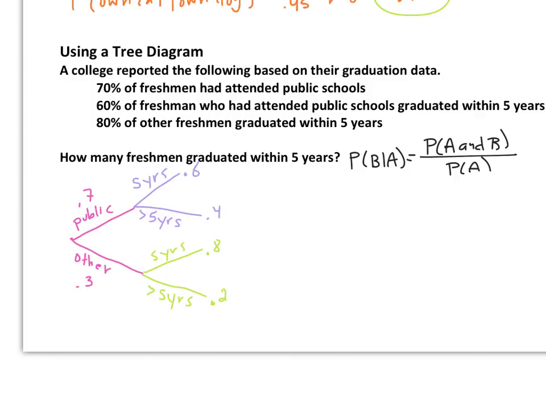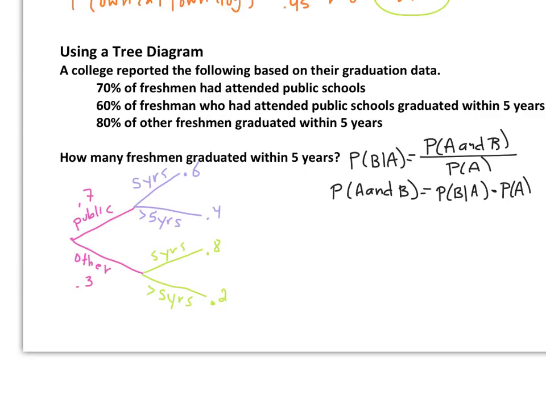Okay, well, we can use this to isolate this probability of A and B. And the way we're going to do that, we're just going to multiply both sides by the probability of A. And that's going to give us the probability of A and B occurring is the probability of B given A occurring times the probability of A occurring. So this is another way that we can use this formula here.